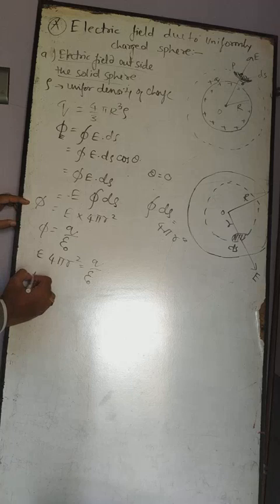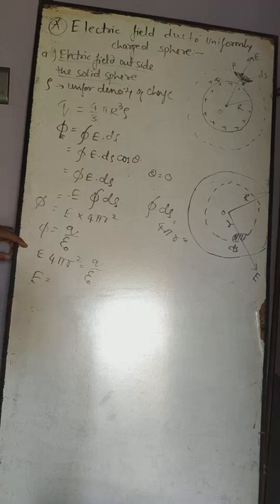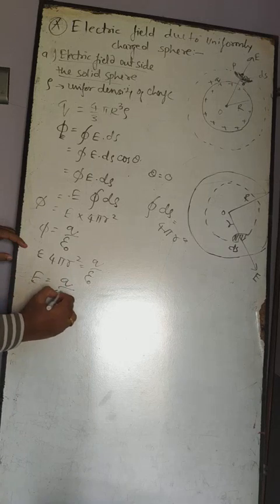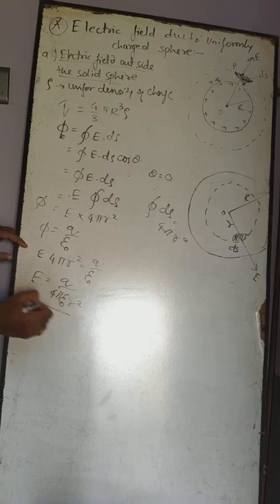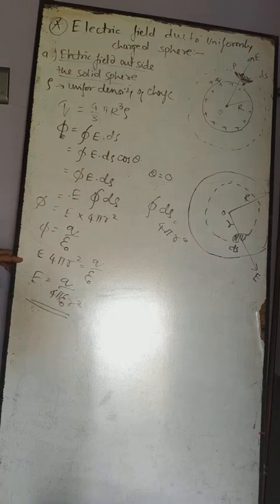Rearranging, E is equal to Q divided by 4 pi epsilon naught r square. So this is the equation for the electric field due to the charged sphere outside of that solid sphere.